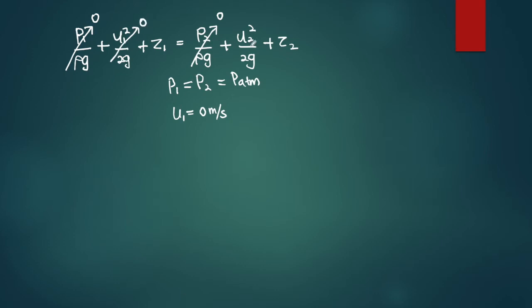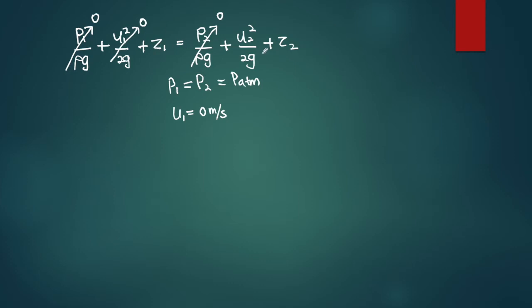What about U2? U2 cannot be 0. Why? Because this is the outlet of the tank where the 20 holes are located. Therefore, there is a velocity there. If we assumed that the velocity at point 2 is 0, there would be no water flowing out of the holes.